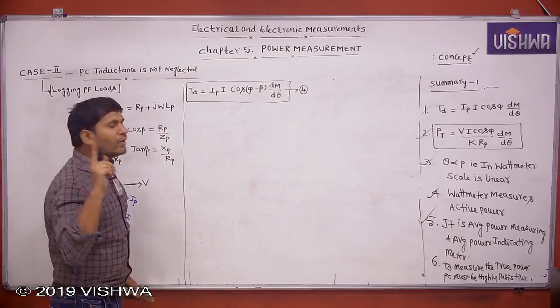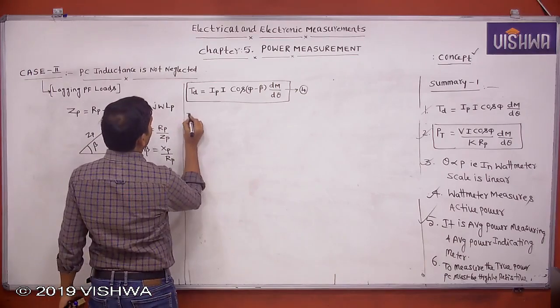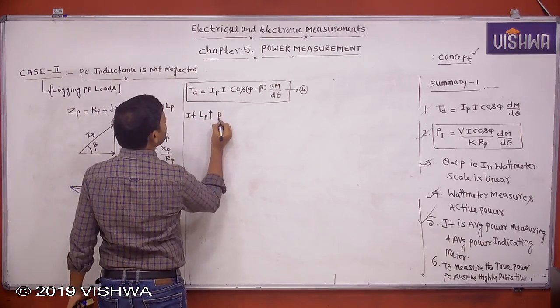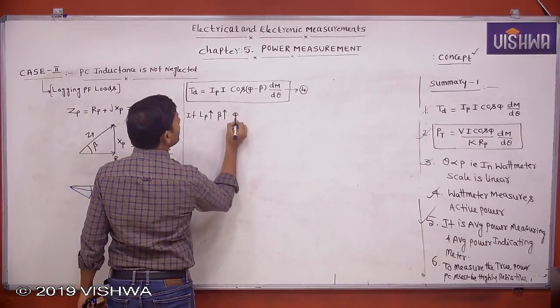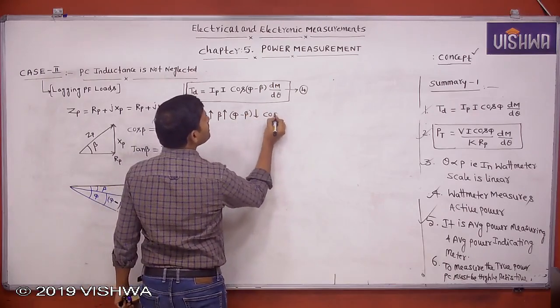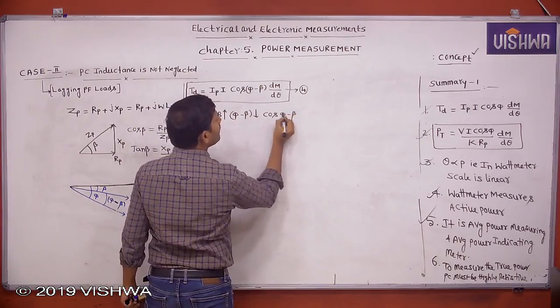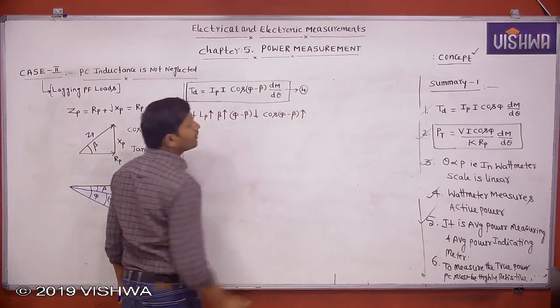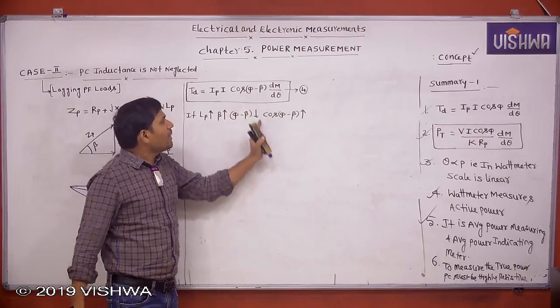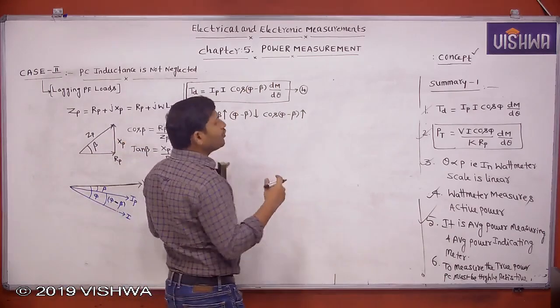Here I want to make one statement. If the pressure coil is designed with high inductance, then what happens to beta? It increases. What about phi minus beta? It decreases. Then what about cos of phi minus beta? It increases. Beta increases, phi minus beta decreases, and cos of a lower angle gives a higher value.